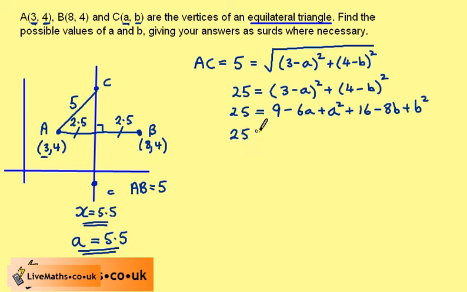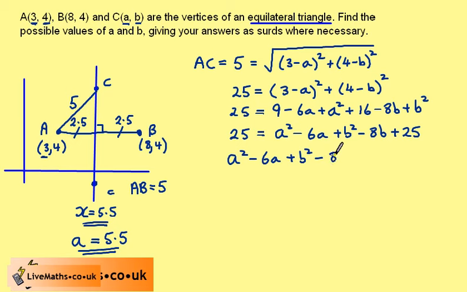Tidying this, 25 is a squared minus 6a plus b squared minus 8b plus 25. 25 will cancel from both sides, leaving us with a squared minus 6a plus b squared minus 8b is equal to 0.